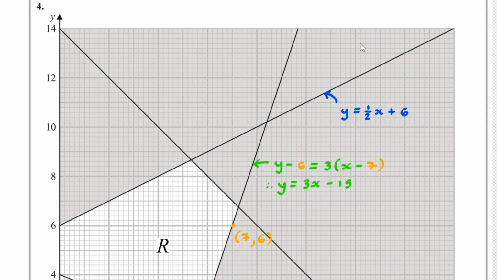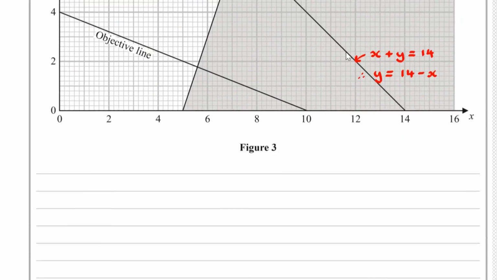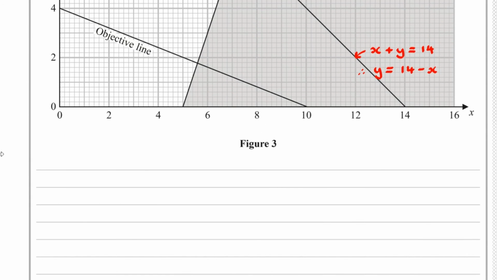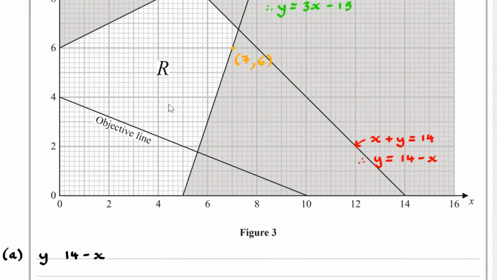So I've got the equations of the lines, and therefore, if I find out the inequalities, well, here I've got y, and then I've got 14 minus x. Now I want the region below, that's where my feasible region is.